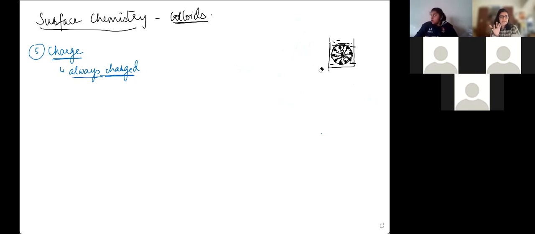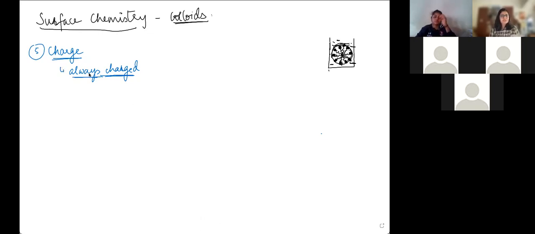The colloidal solution's net charge is 0, but on the colloidal particles alone there is always some charge present. In fact, the charge is what contributes to the stability of the colloid. We'll go deeper into this later.